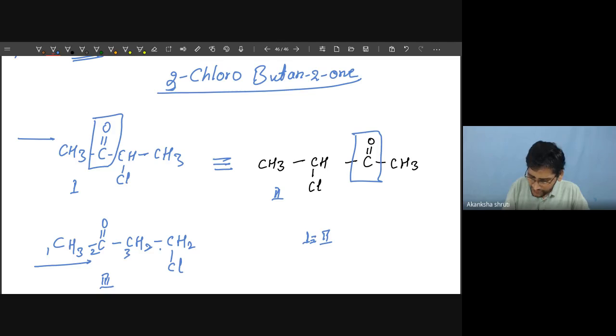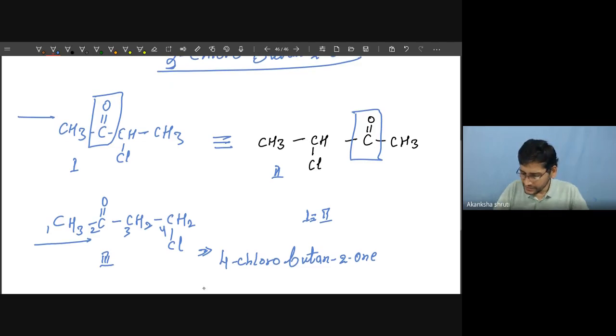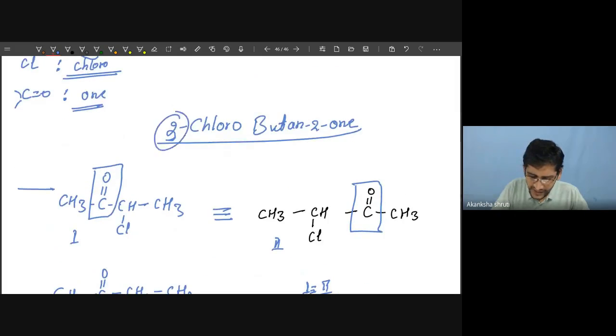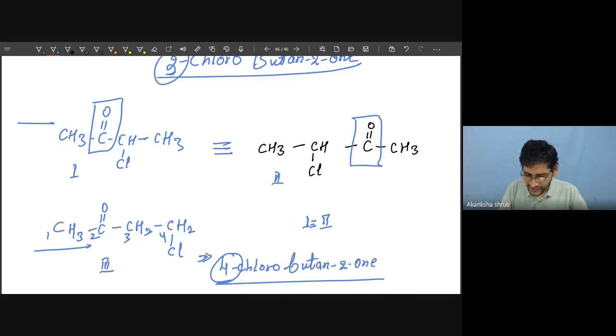Student, in this case again you have to number it from this end. 1, 2, 3, 4. So the name will be 4-chloro, then 4 carbons is butane, 2-one. Correct? This is the correct structure or correct name. So here we are observing that the prefix or the number before the prefix is very important, which is allocating the presence of chlorine.